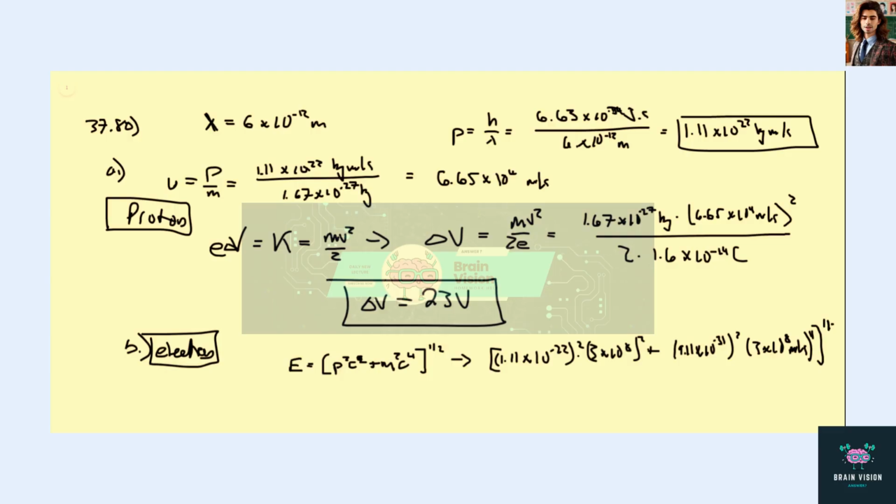And then we're going to square root all of this. Okay, so if we plug all that in, we get an energy of our electron being 8.85 times 10 to the negative 14 joules.